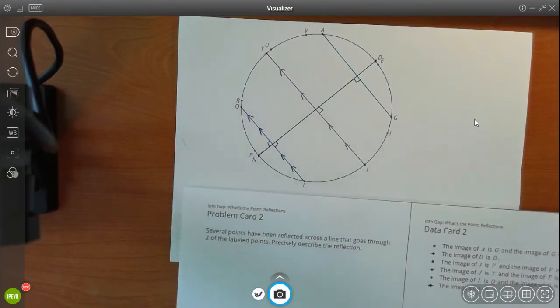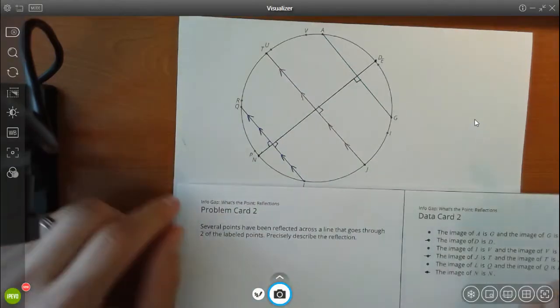So if we want to precisely define this reflection, let's use the points we just used.